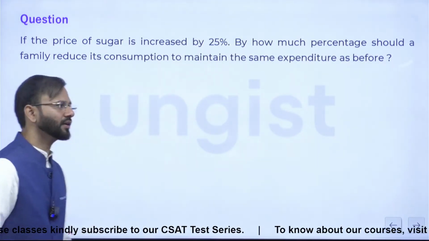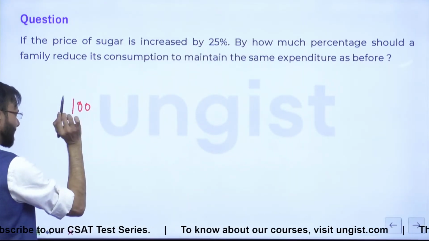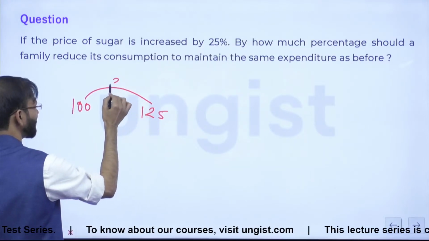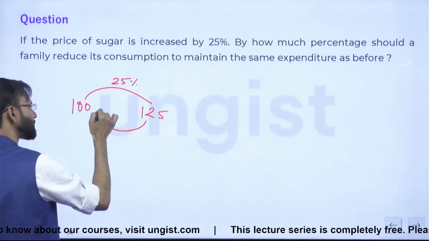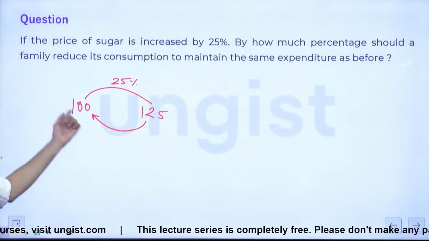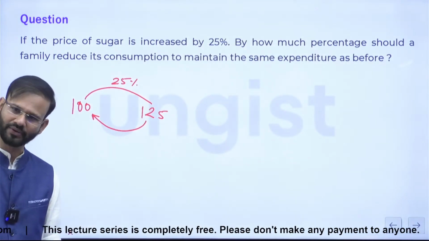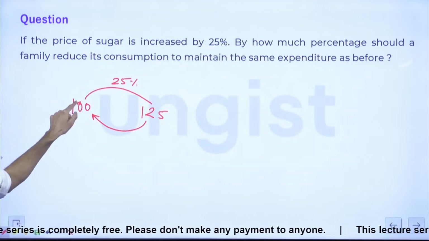So, let me tell you, understand how you can do these questions quickly. If you increase 100 by 25%, it will become 125. Now the question is, 125 should be reduced by what percentage to make it 100 again?